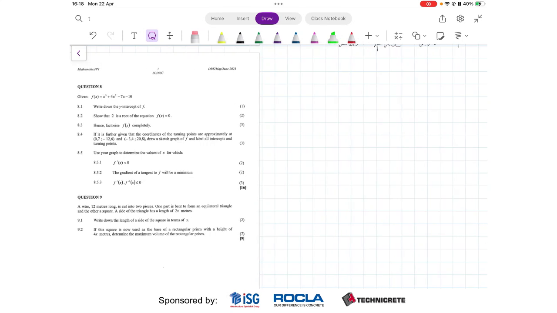Given f at x is equal to x cubed, so this is a cubic function, it's equal to x cubed plus 4x squared minus 7x minus 10. Write down the y-intercept of f. That is easy, you can just see that right there. y is equal to minus 10.